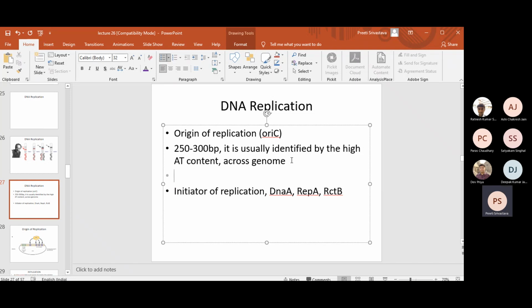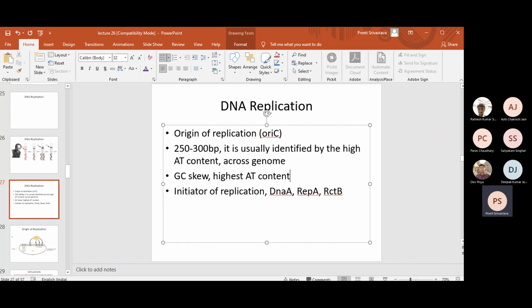If you perform a bioinformatics experiment, a GC-skew analysis, you will find the region which has the highest AT content, and that is the origin of replication. This GC-skew technique is also used for identification of the origin of replication of unknown plasmids or unknown chromosomes. Usually this is the region which opens up for replication first, and therefore it has the highest AT content.